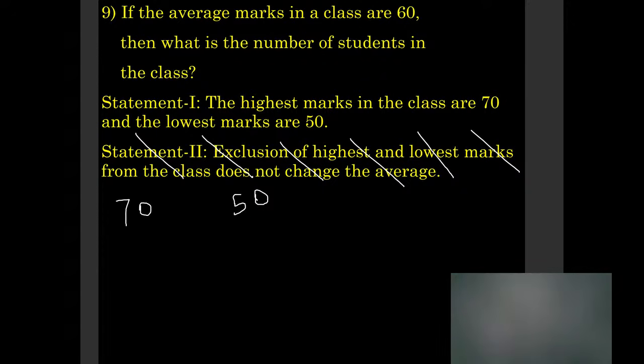Now, based on this, we cannot get the total number of students in the class, because 70 is the highest and 50 is the lowest, so in between we can have any number of people. That's why we cannot answer this question from statement 1 alone. So 1 alone is not sufficient to answer the given question.